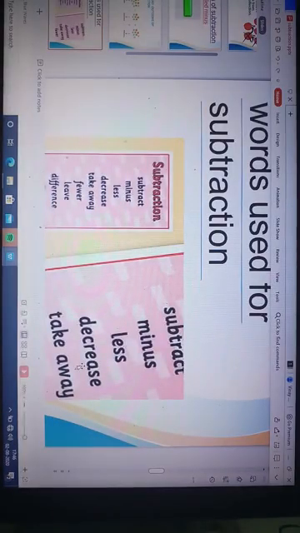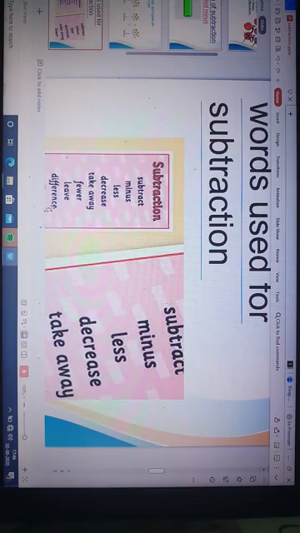Now let's learn some words used for subtraction. These words are subtract, minus, less, decrease, take away, fewer, leave and difference.